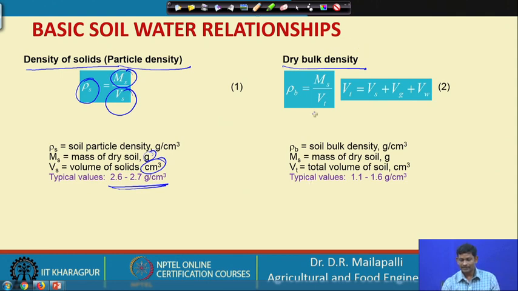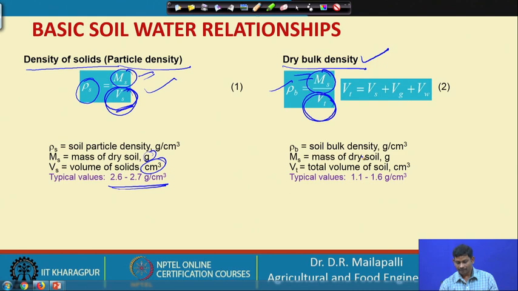Whereas the dry bulk density is the mass of solids divided by the total volume. So, the mass of solids is the same. The only difference is that here we consider the volume of solids, and in the case of dry bulk density the total volume.